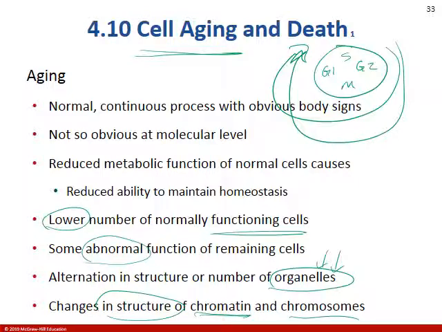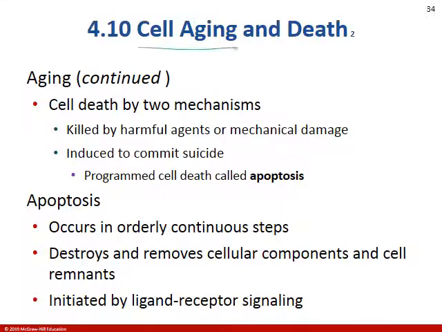The more we're exposed to environmental carcinogens or things that cause cancer or that damage our DNA, the less likely we're going to have healthy cells that function normally. Even though cells are aging, we do have a way to kind of stop cells from propagating or copying themselves if they're damaged. So we have this process called apoptosis, which is programmed cell death.